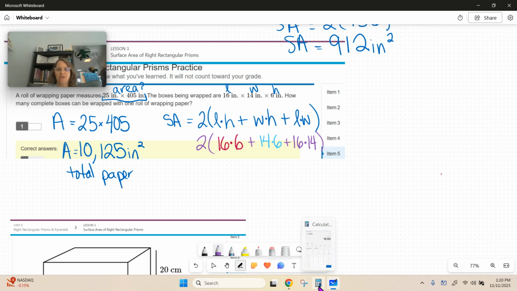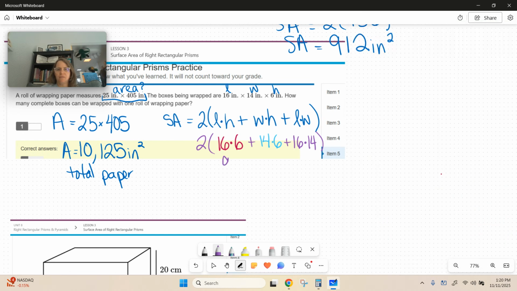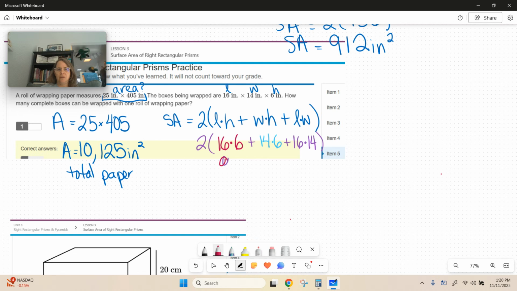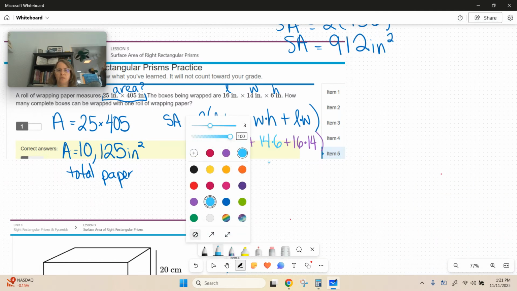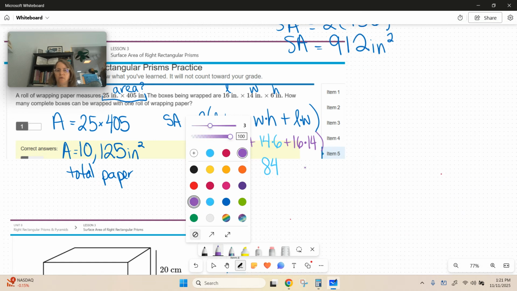That's why I did them in different colors. So 16 times 6 is 96. Okay, 14 times 6 is 84. And then 16 times 14 is going to be 224.